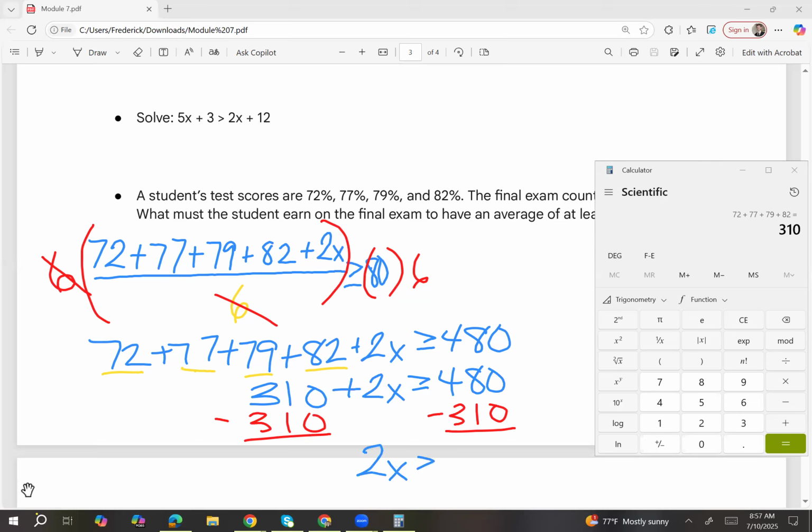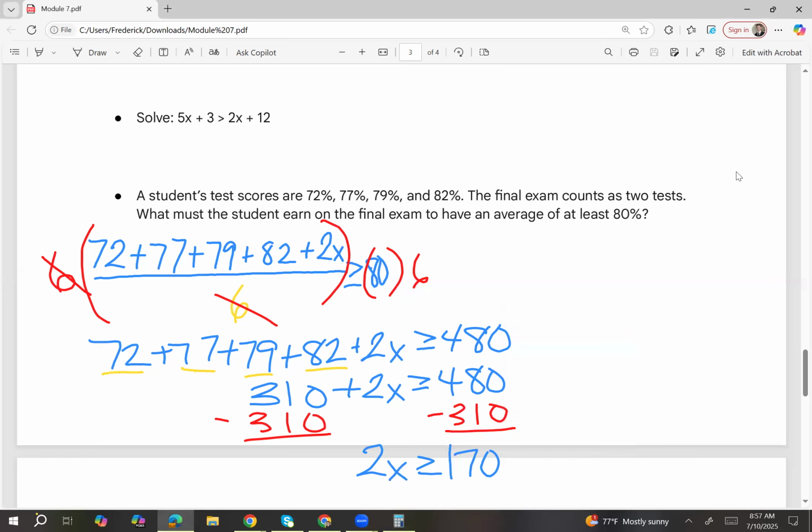And just come into your calculator if needed and do that last calculation. 480 minus 310 for 170. We can leave that calculator for a moment. Come up here to continue our work. 2x greater than or equal to 170.